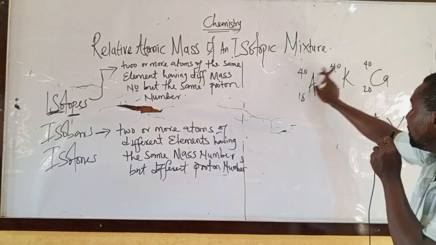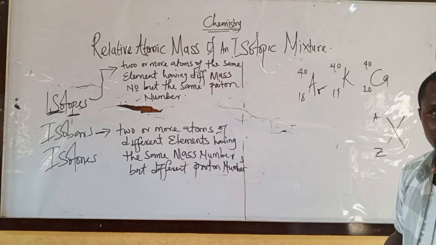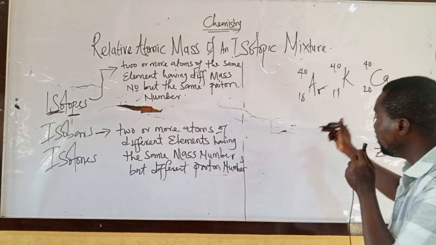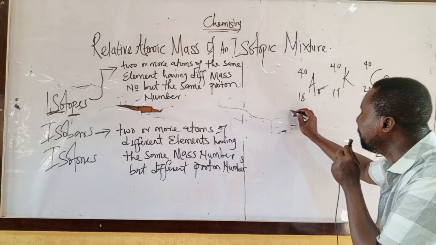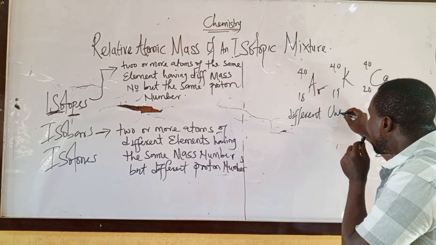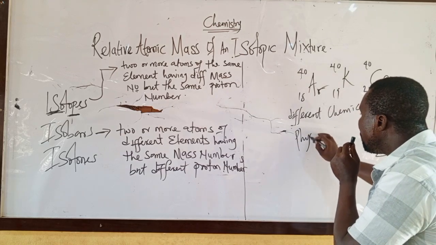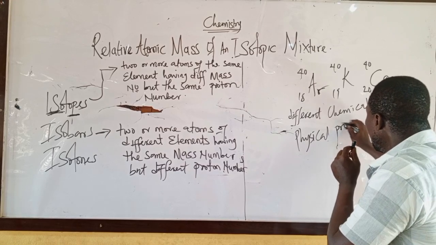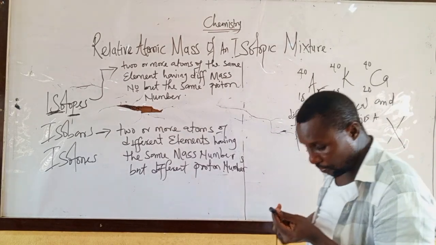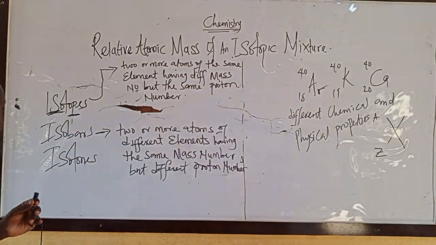Can you see? Their mass number are the same, but their proton number is different. Take note of that. That is isobar. And isobars have different chemical and physical properties. Take note of that. That is isobar. Let's go to the next one.